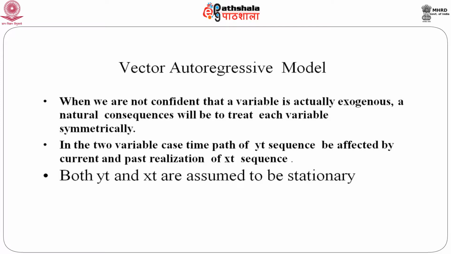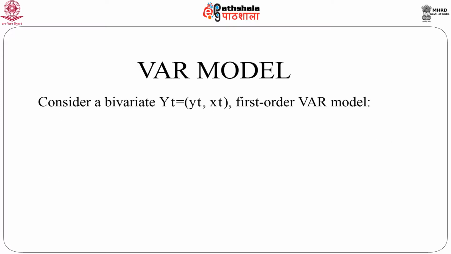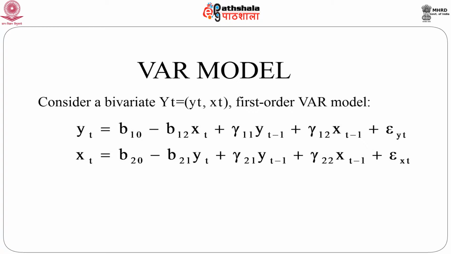Now, to start with, assume both yt and xt are stationary. Consider a bivariate (yt, xt) first order VAR model. yt is expressed as a function of the current xt and also the past value of xt at lag 1. Similarly, yt is also expressed as a function of the past value of yt at lag 1.